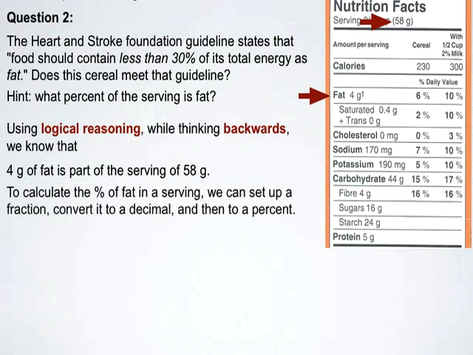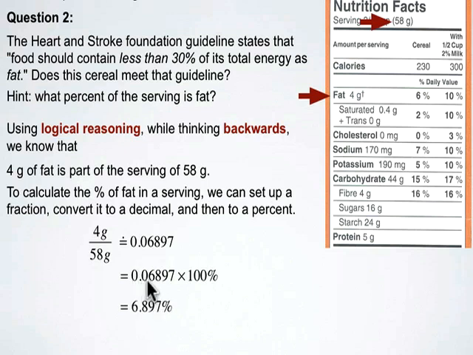To calculate the percent of fat in a serving, we can set up a fraction, convert it to a decimal, and then to a percent. So 4 grams out of the 58 grams. If we do 4 divided by 58, we get approximately 0.06897. We multiply by 100 to convert it to a percent, which is really just moving the decimal 2 places.